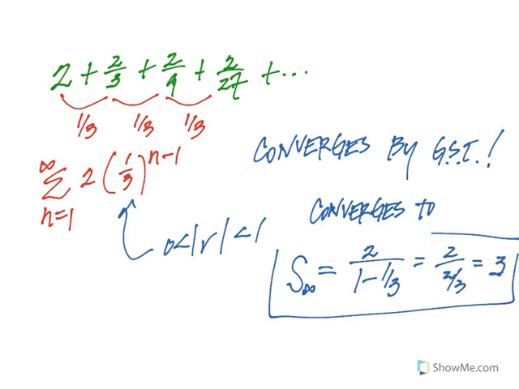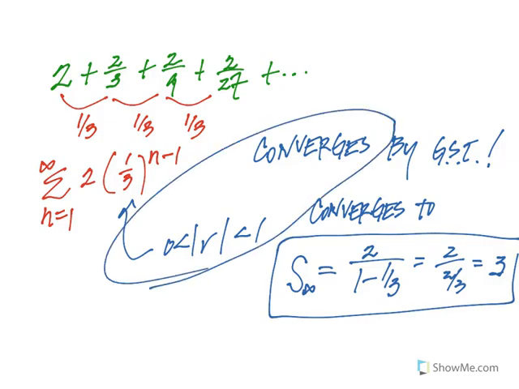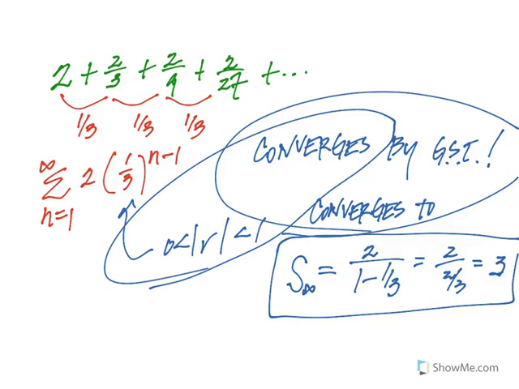So the infinite sum actually is 3. And again, you know it converges because of this statement and this test. I'd like you to cite both of them on tests and quizzes. You are using the geometric series test. Due to the fact that your absolute value of r falls between 0 and 1, you know it converges by the geometric series test, and it converges to that value right there.